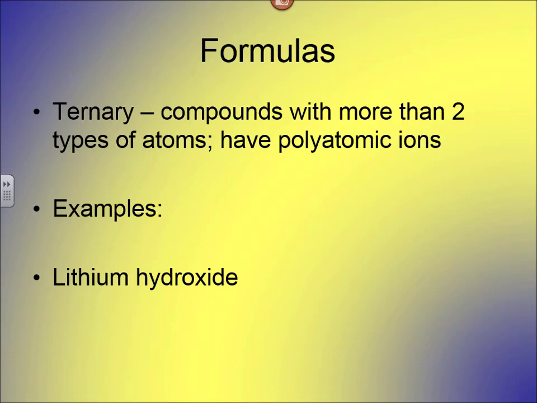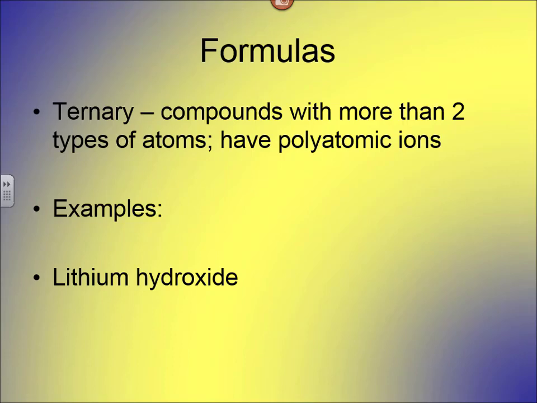Lithium is a plain element whose name we recognize. Are you going to find hydroxide on the periodic table? No. So that means that's a polyatomic ion, and you have to look it up on your list. Where's your list? On the back of your notes packet.